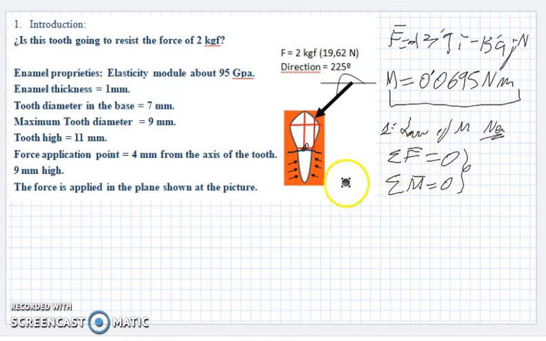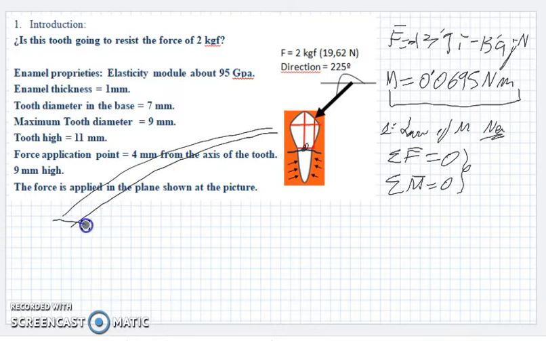Okay? So let's make a mechanical model. We have a base, and here there is a force applied. So this force produces here a moment. So what's going on if there is no movement?